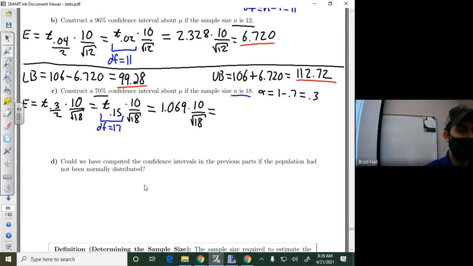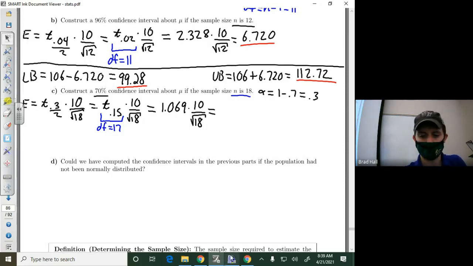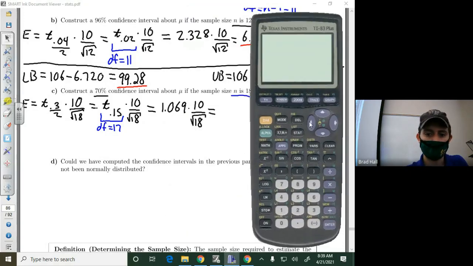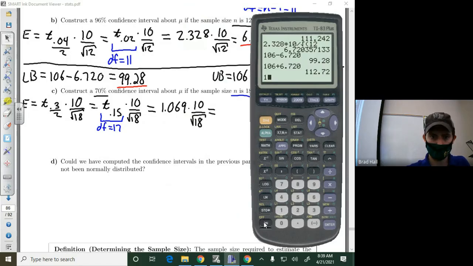And we can quickly go ahead and put this into the calculator. 1.069 times 10 divided by the square root of 18.